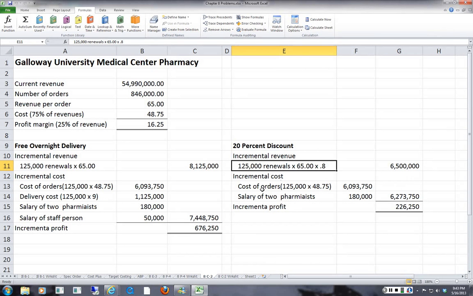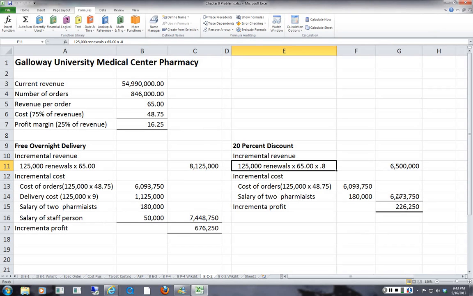The incremental cost of the orders is 125,000 times the $48.75, which is $6,093,750. Now they'll have to hire 2 pharmacists. That's $180,000, but they will not have to hire that extra staff person, which we have if we have overnight delivery. So they have only $180,000.